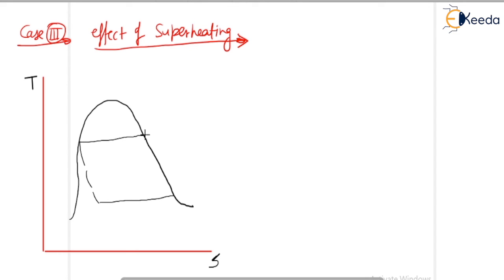And now the effect of superheating. First of all, you have to draw your VC cycle. This point is 4, this point is 1, this point is 2, this point is 3.